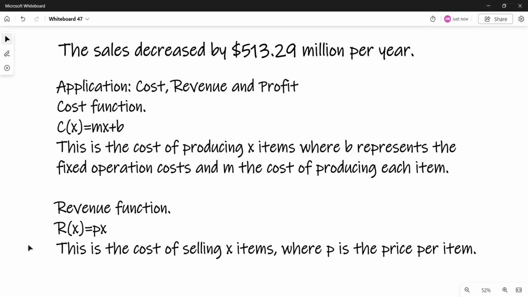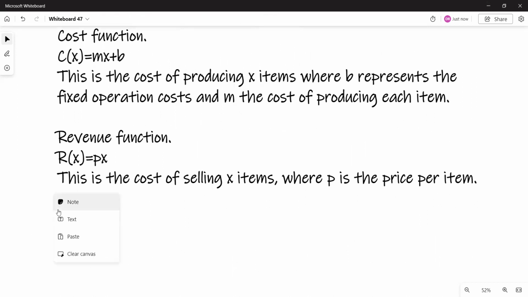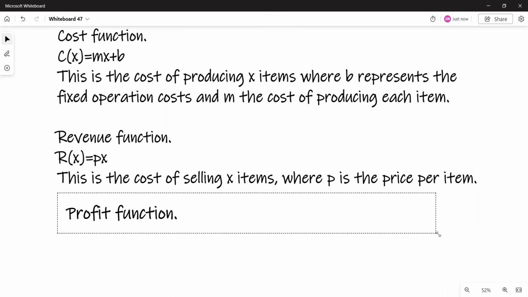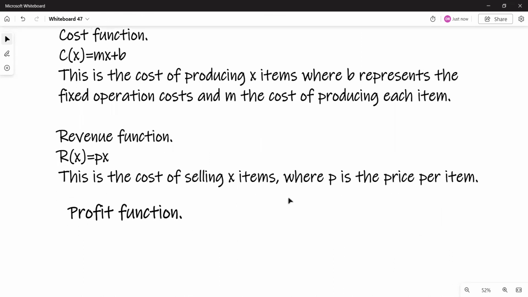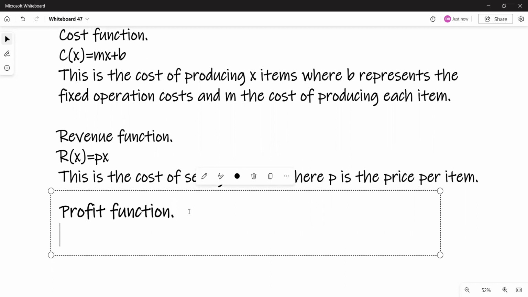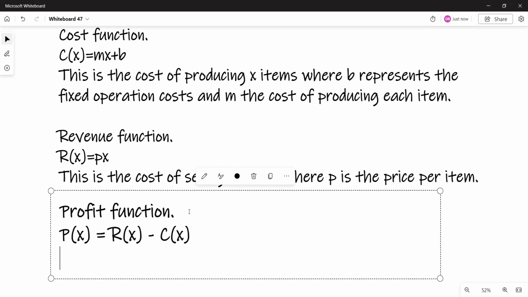And the third function is the profit function. Okay, the profit function, P of X, that is R of X minus C of X. That is the revenue minus the cost.